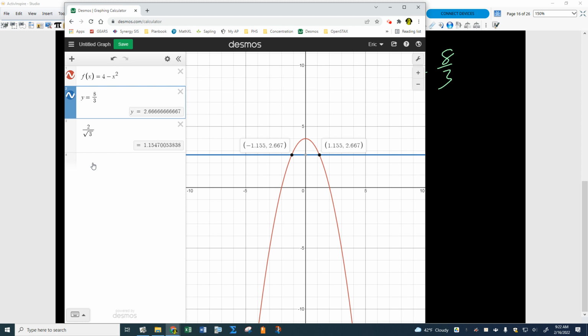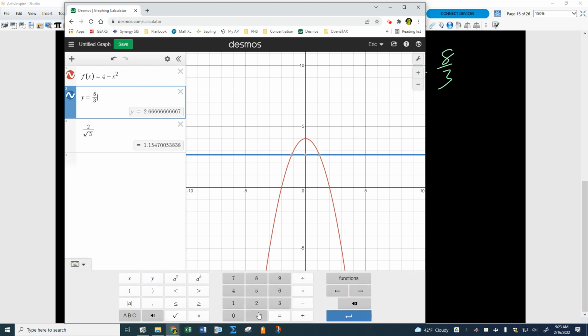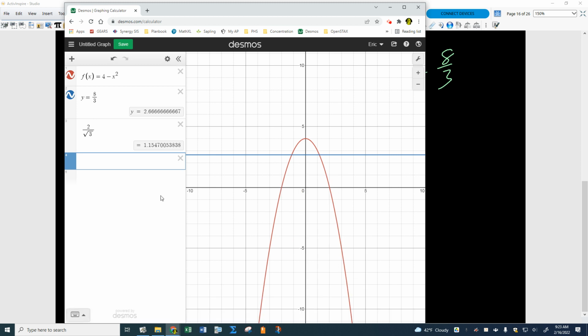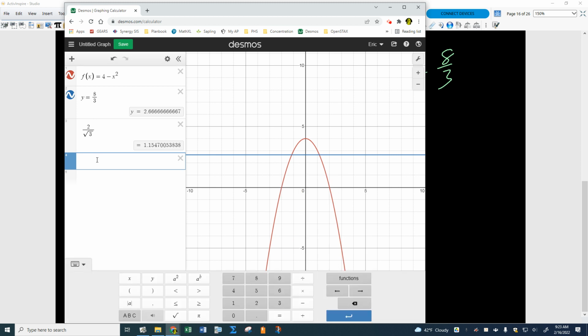That's a good question. I bet you can add up area. You might be able to do areas. Ah, look at that. You can. So this is kind of cool. Let's do the integral.